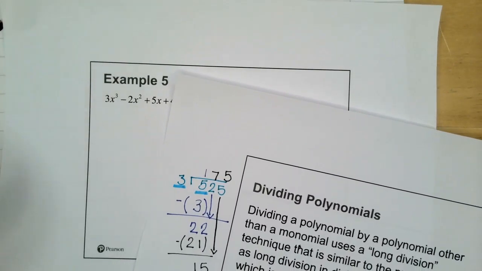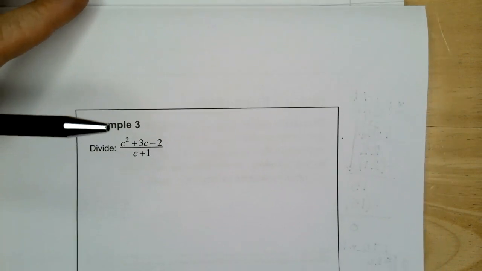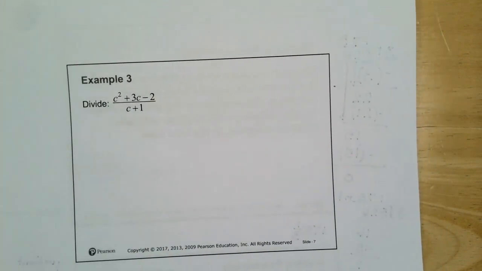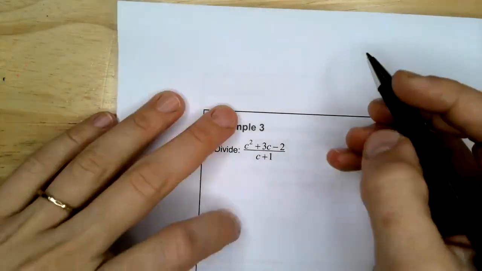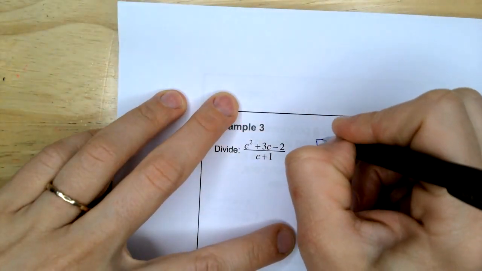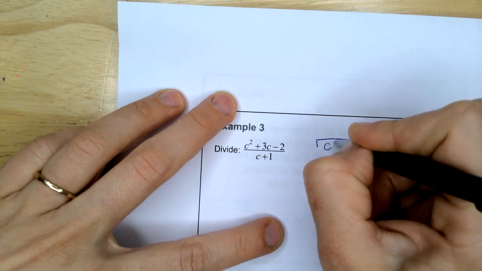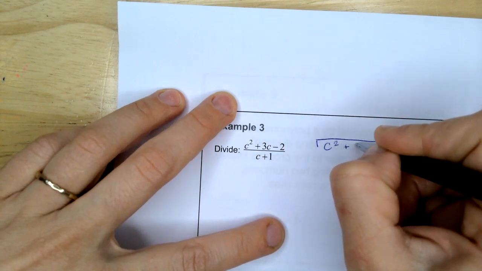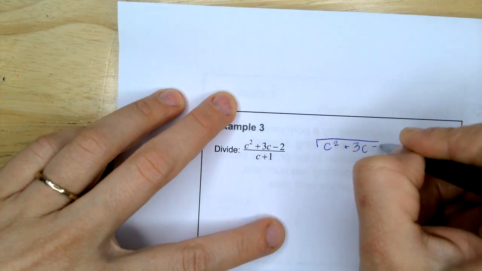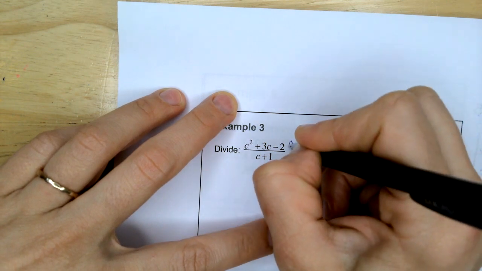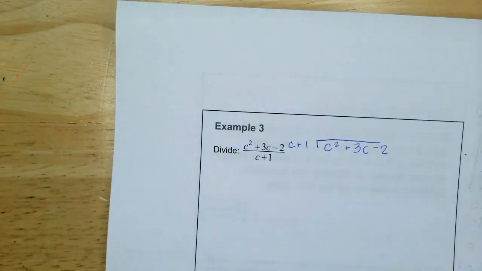Here we have it in fraction form, and the divisor is on the bottom. I like to put it back into this form: c squared plus 3c minus 2 is being divided by c plus 1. Good?